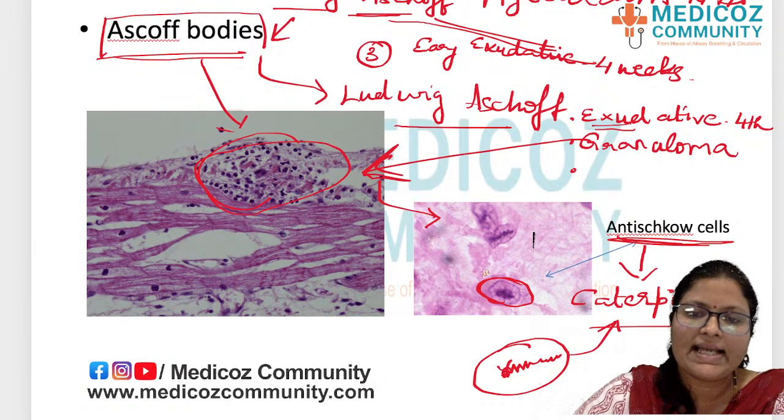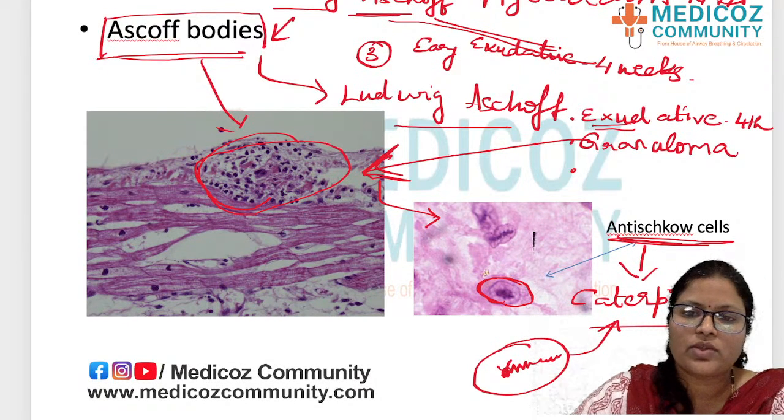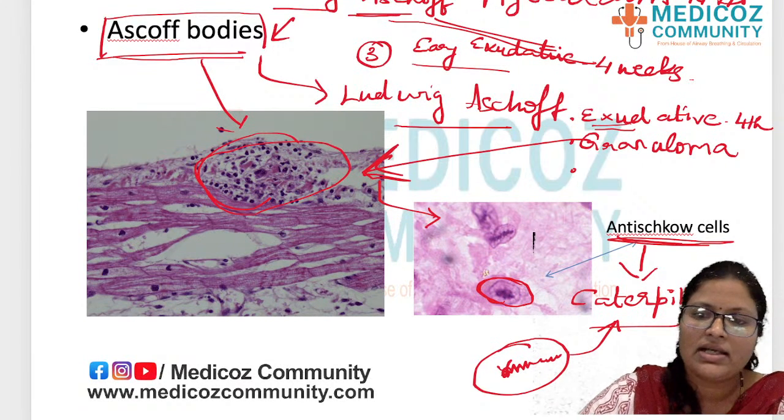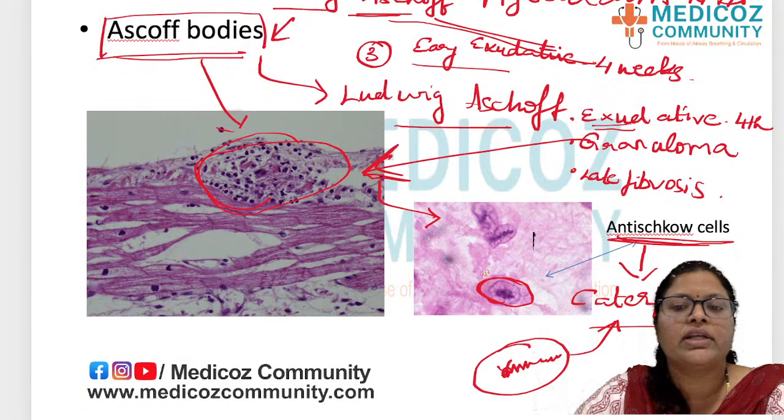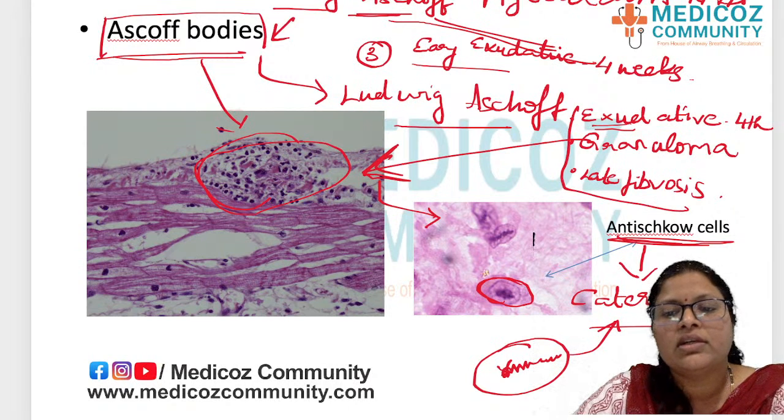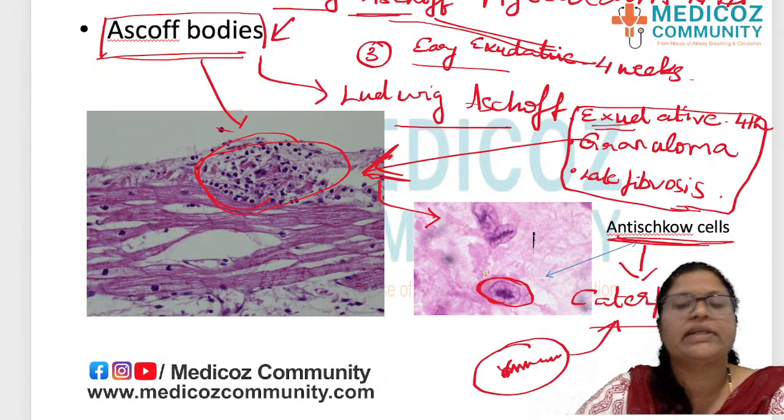And then there is a late stage. So the first stage was the early exudative stage, then the granulomatous stage and a late fibrosis stage. Just like in pneumonia you have your red and grey hepatization, these are the stages seen in the light microscopic biopsy of a rheumatic heart.